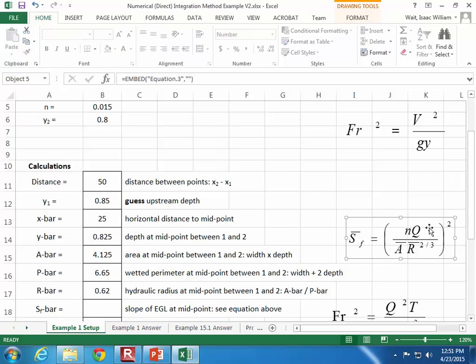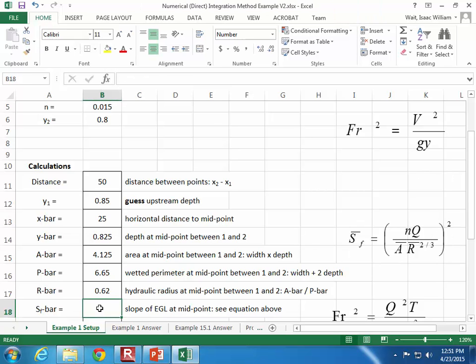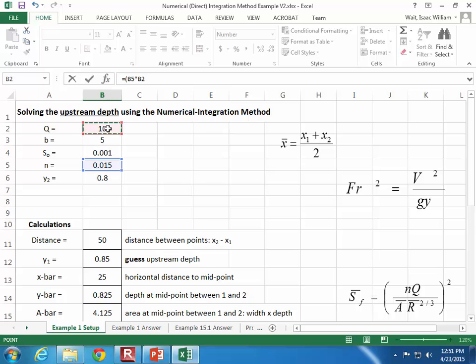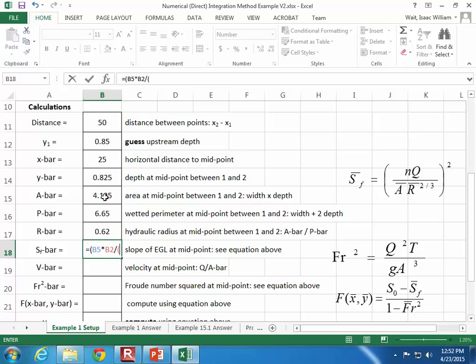So Sf equals parentheses n times Q divided by the area at the midpoint times the hydraulic radius at the midpoint to the power of 2/3. And then I just have to make sure I put in the appropriate number of parentheses. Looks like I've got them all there.